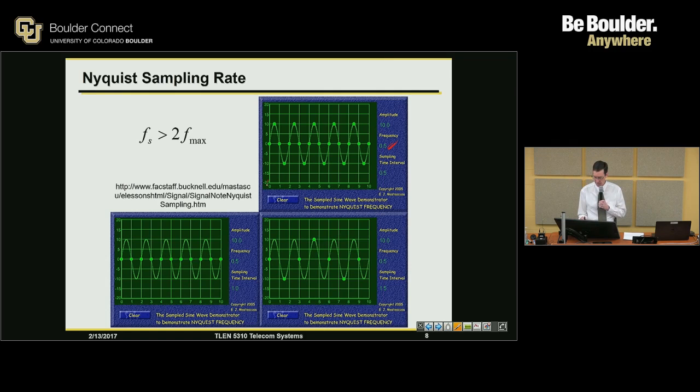So I'll have 1 cycle every 2 seconds. Now if I sample this at a rate of every half a second, then I'm sampling it at each of these green dots. And if I connect those green dots together, I can recreate that signal.